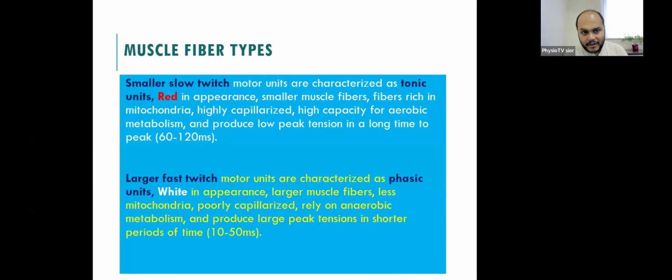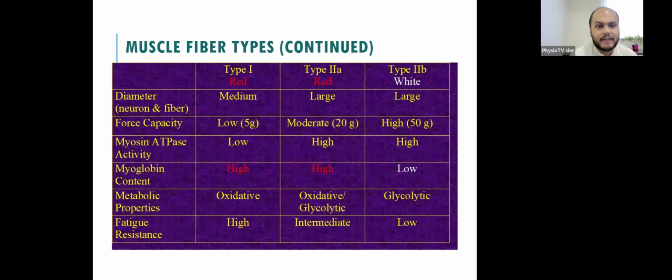To simplify this slide, we have this table with us. That is the type 1 fibers, type 2A or intermediate, and type 2B, the fast type of fibers. Now, when I talk about the type 1 fibers, they are small diameter fibers, as we had already discussed, whereas the intermediate and the fast were large muscle fibers.